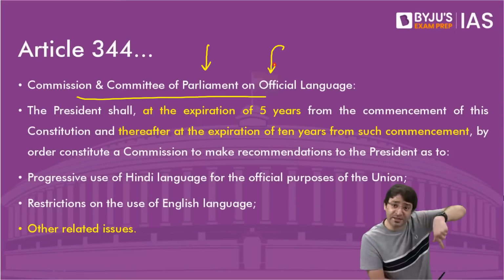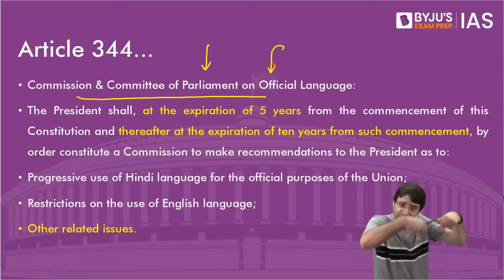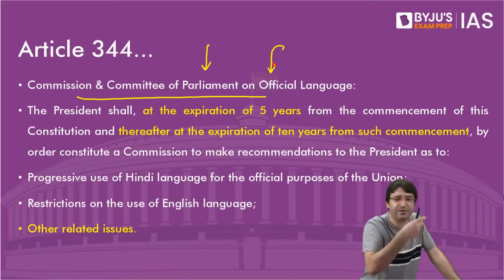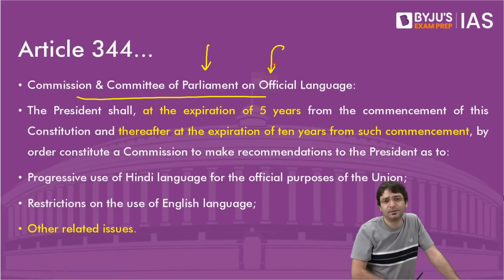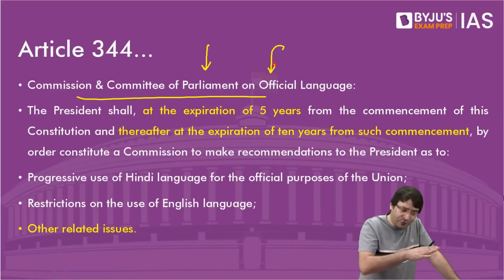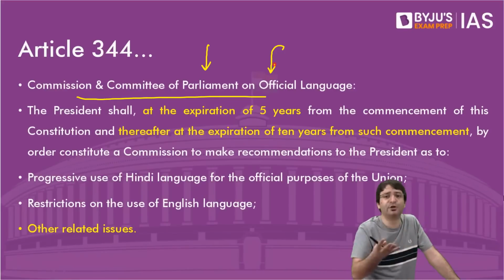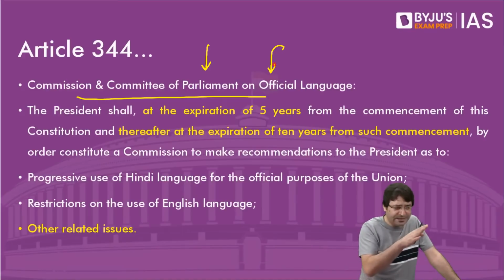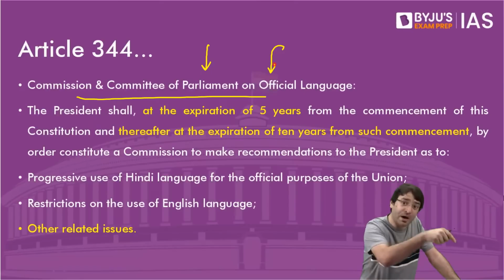That means we can make this shift even now, 1950 itself, 1955 itself. And while communicating with the southern states, we should continue to use English till 1965, maybe. And whatever report is given by this commission will then be examined by the committee of the parliament.